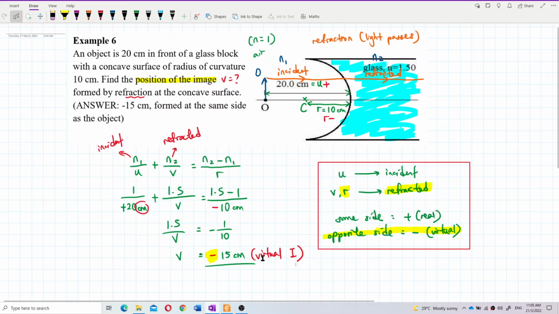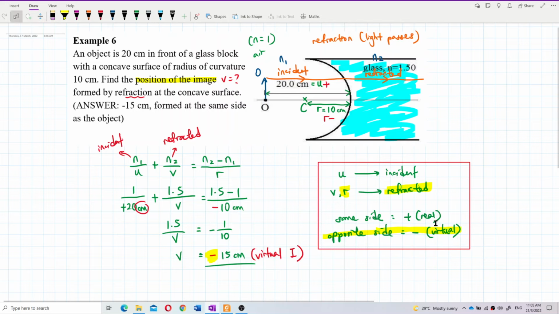So now I want to ask you, this virtual image, where is it formed? Is it at the same side with incident ray or at the same side with refracted ray? I get V negative. V negative means must be not in the same side with refracted ray, must be opposite side with refracted ray. So the image should be formed here at the left hand side. Understand?